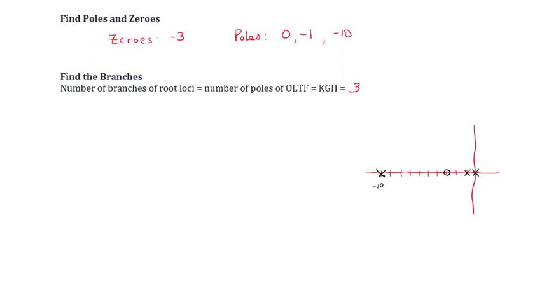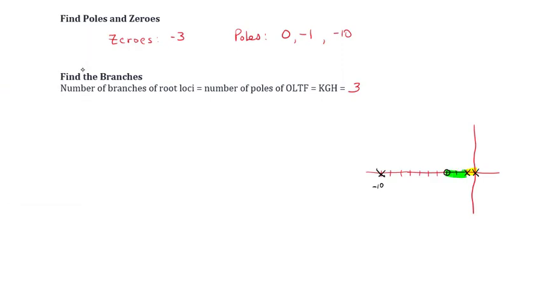Let's indicate generally where our branches are going to be. In between s equals 0 and s equals -1, there's going to be a branch because there's an odd number of poles plus zeros to the right of the branch. Between this pole at -1 and this zero at -3, is there going to be a branch?